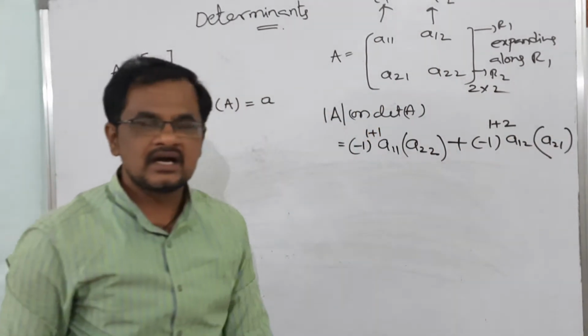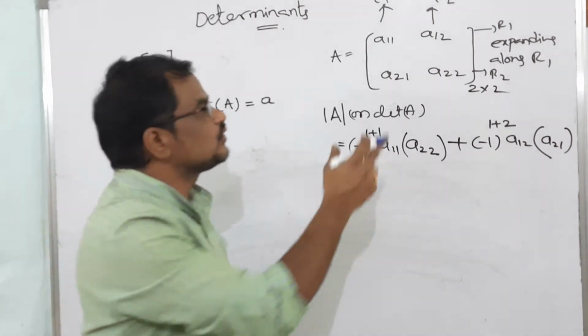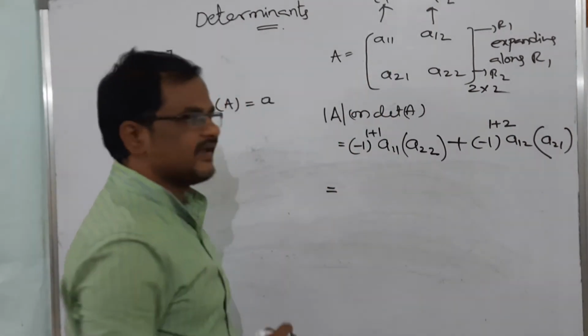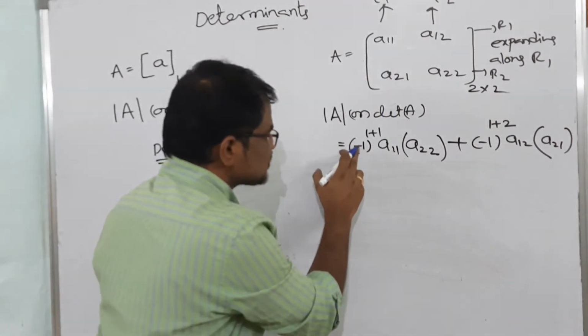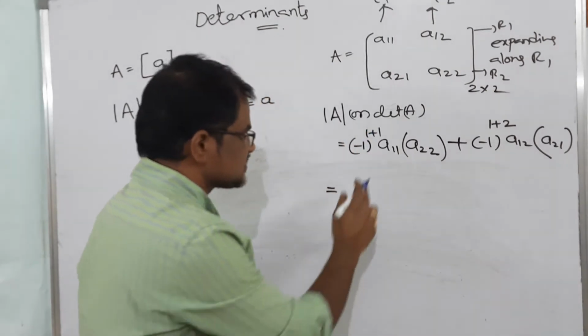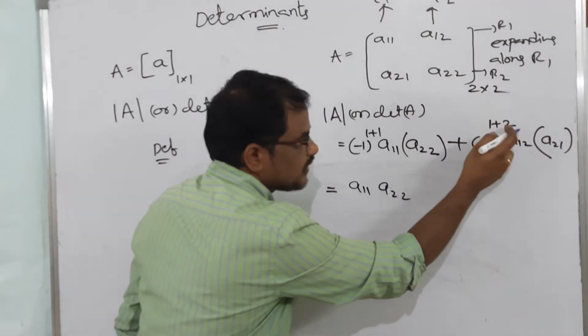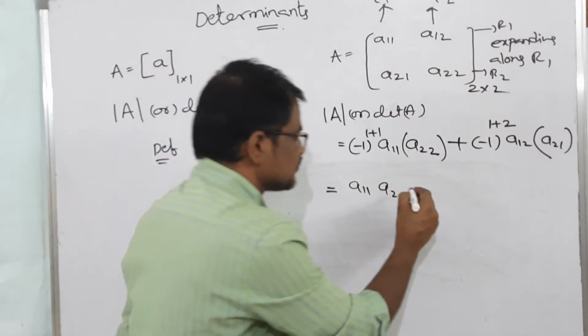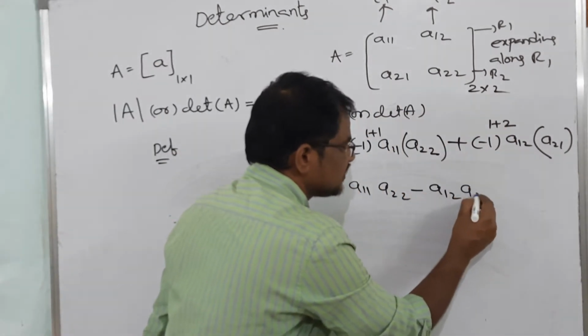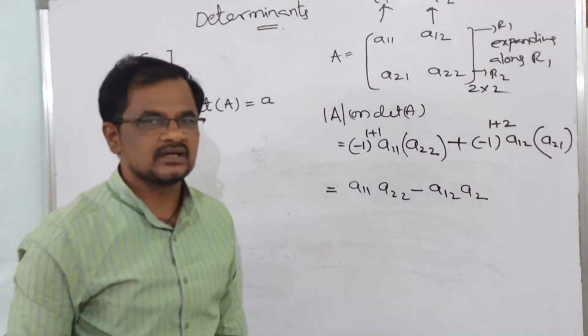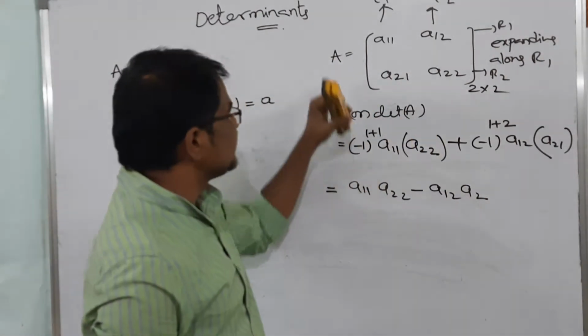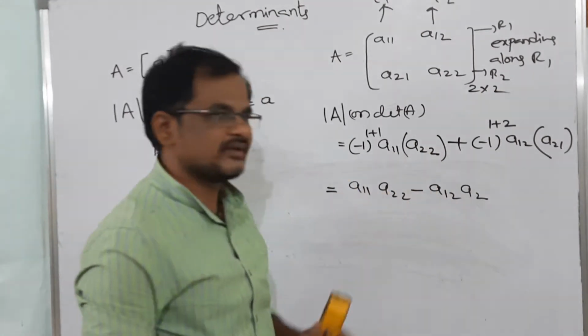So this is the determinant of the 2 by 2 matrix. If you simplify, -1 to the power of 1 plus 1 is plus, so A11 A22, and -1 to the power of 1 plus 2 is negative, so minus A12 A21. So the determinant of a 2 by 2 matrix is this.